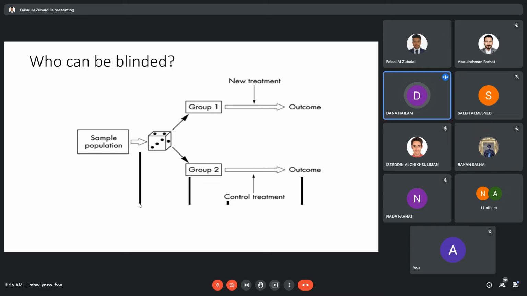After dividing the sample we took, I think the patients or the participants should be blinded, as well as the one giving them the medication. So the patient will eventually be blinded in the second step, but in the first step, the one we want to blind specifically is the allocation.